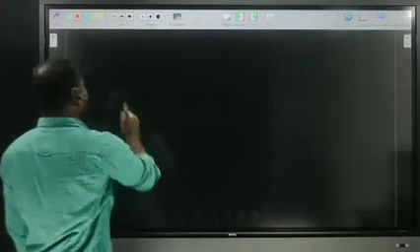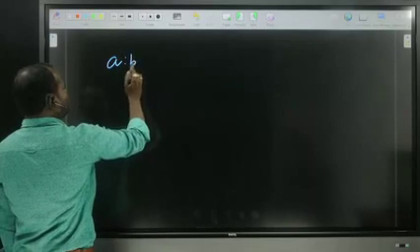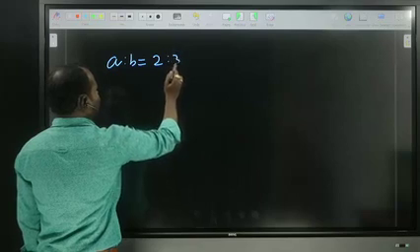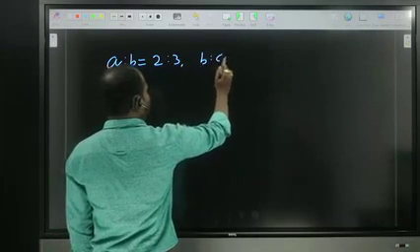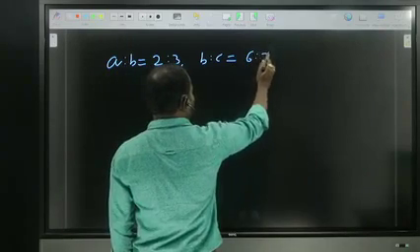For example, A is to B is 2 is to 3, B is to C is 6 is to 7.